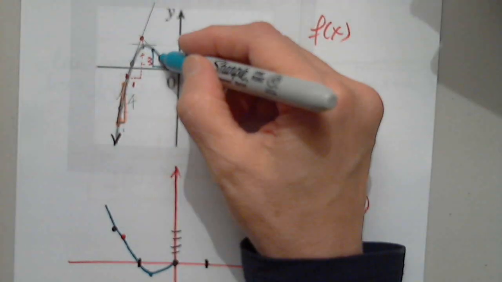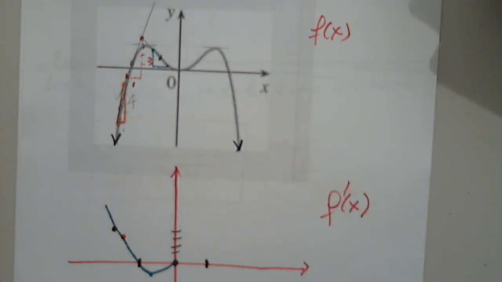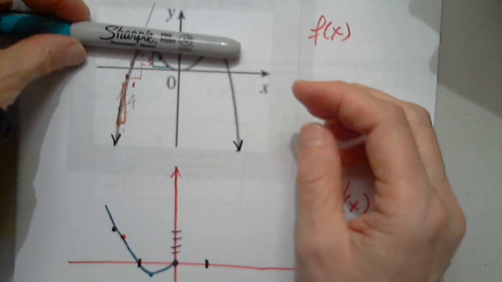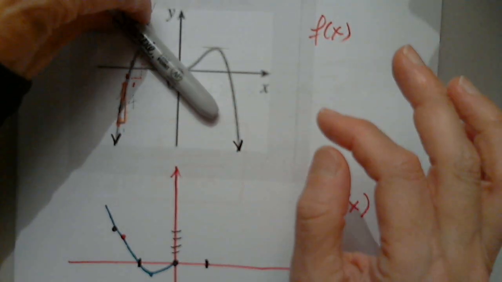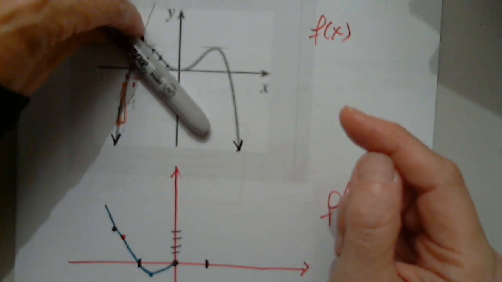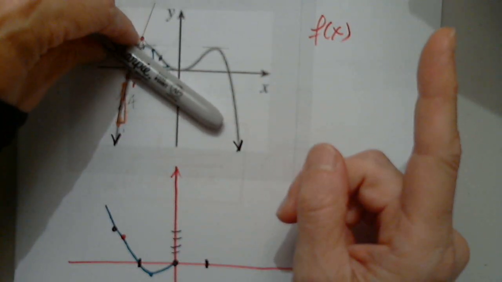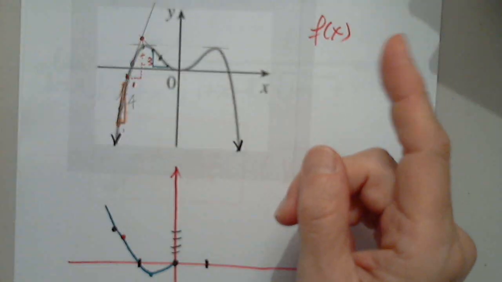I specifically use this point because, as you see, this is 0, and this is negative, not too big, then bigger negative, the highest negative, but then still negative, but smaller, and then smaller, and then smaller, and it gets to 0.